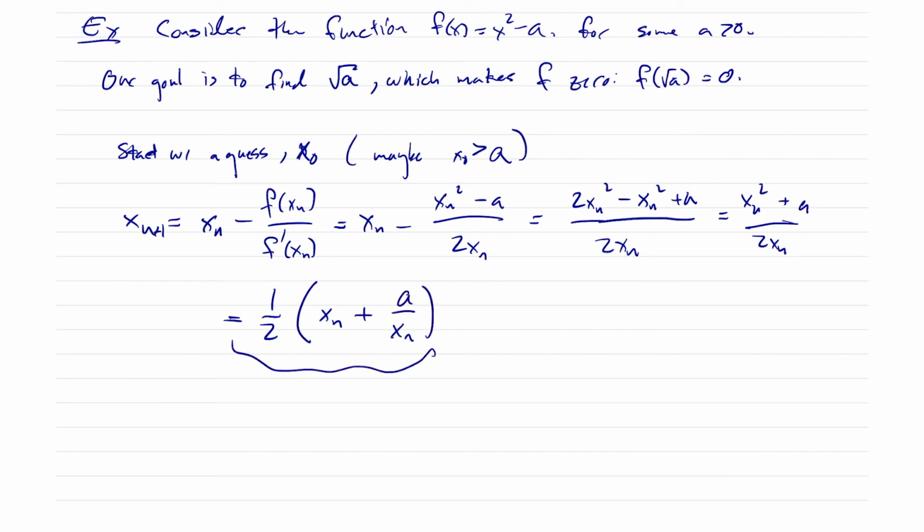And so this is actually Heron's formula for the square root, and it was one of the first things we talked about in the class. And so we see that Newton's method actually reproduces exactly Heron's method for computing square roots, and we already know that that converges.